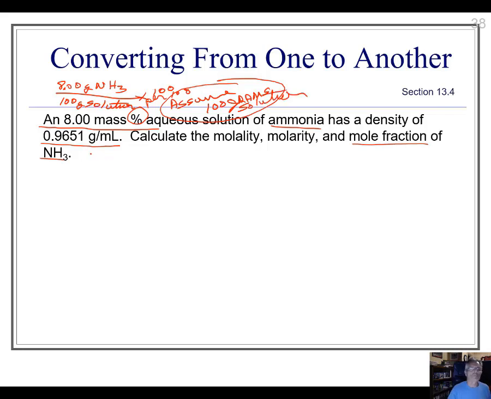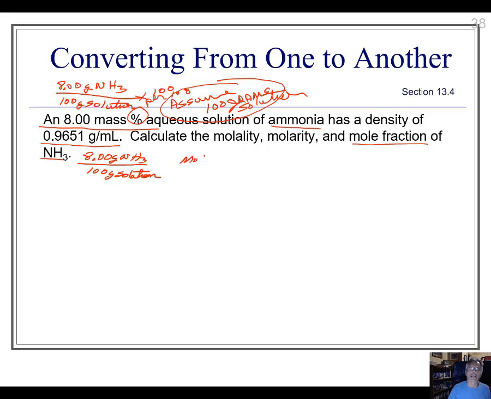All right, let's start. We've got 8.00 grams of NH3 over 100 grams of solution. Let's start out with molality. What is the unit molality?